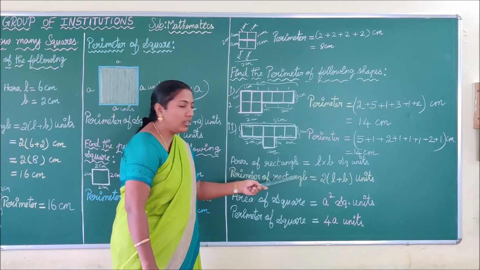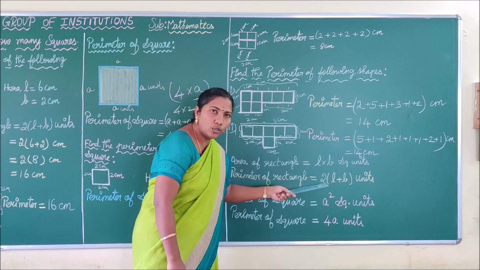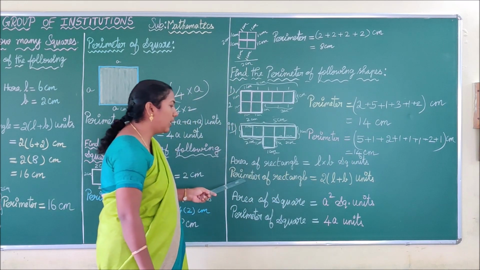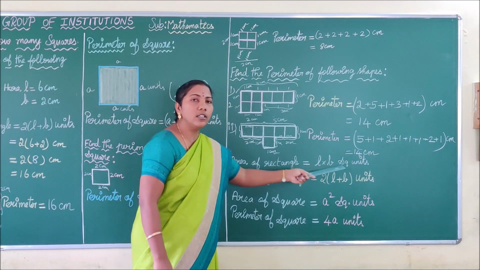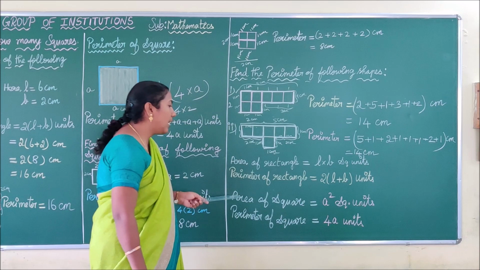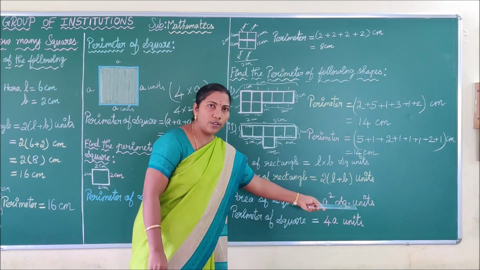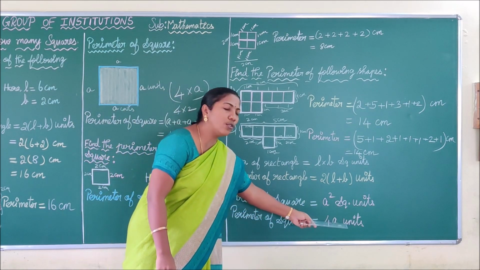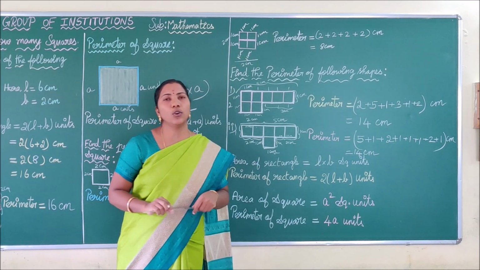Perimeter of rectangle equal to 2 into (L plus B) units. For perimeter you have to write units only. For area you have to write square units. Area of square equal to A square, square units. Perimeter of square equal to 4A units. Is it clear, children? Definitely you have to memorize these 4 formulas.